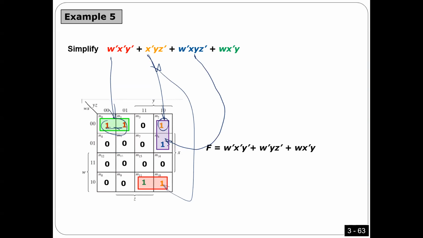So this one is actually W prime, and X, so it's going to be X. Because this one is 4 terms, it has to be only 1. That's why this one will be here, because it's 4 terms, only 1 square. So this one is only here.